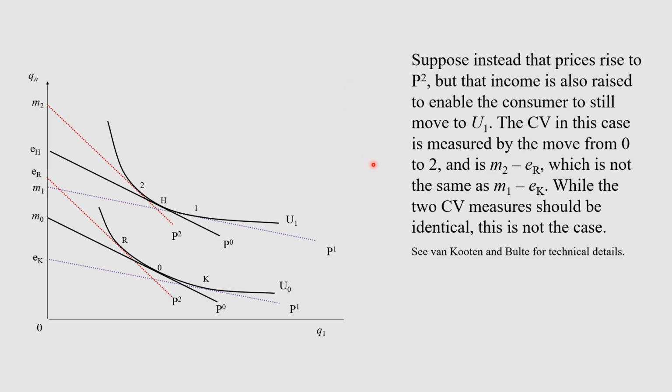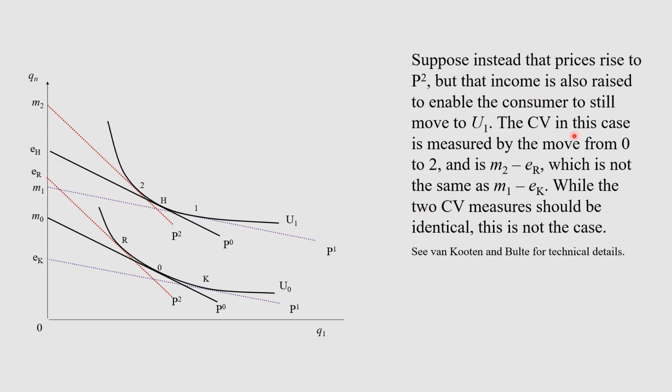Now suppose that the prices rise to P2, so now this red dotted line represents the higher price, where that price is not only higher than P1, but also higher than P0. But we assume that income is also raised to enable the consumer to still move to U1. So we're assuming a consumer has the right to be on 0, the price has now gone up, but the income has also gone up, remember.